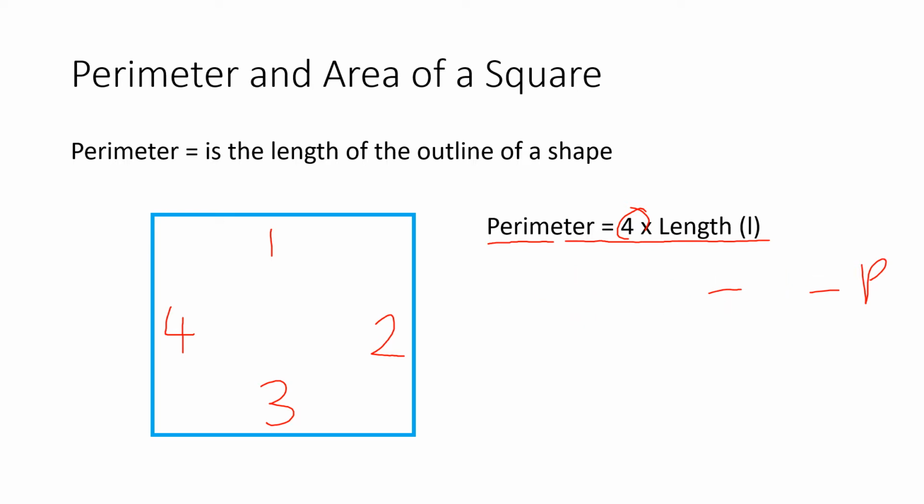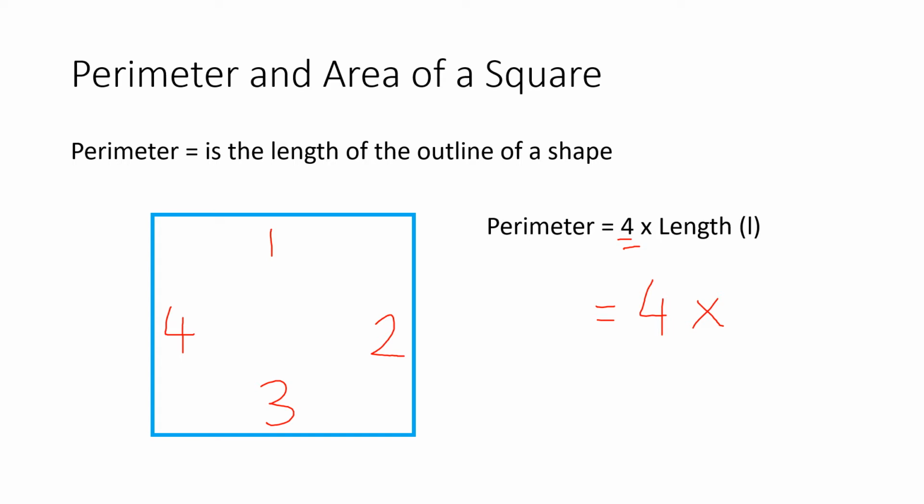So let's try and do that, right? Because the square has 4 sides, remember we're using number 4. So that number 4 represents the number of sides, and we only need the length of one of the sides, right?